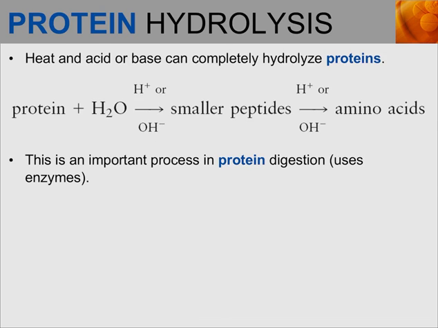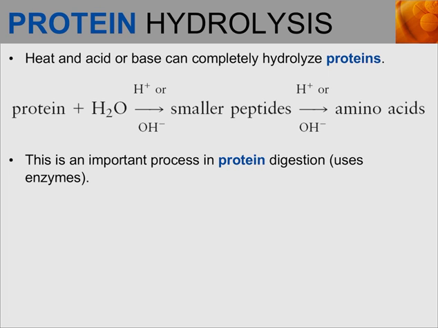Now, one more thing before we go, protein hydrolysis. We've talked about how proteins build up their structure, but proteins can also be broken apart. Oftentimes, once a protein does what it needs to do, it will be broken apart into its individual amino acids, and we can then use those to build other proteins or other structures. There are different ways to break apart a protein. You can use heat, acids or bases.